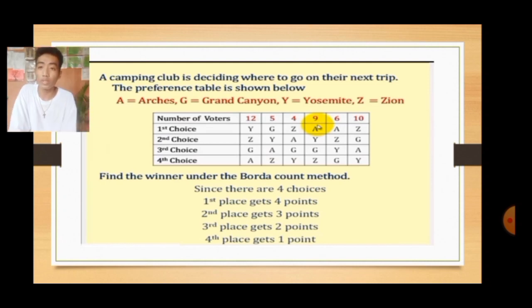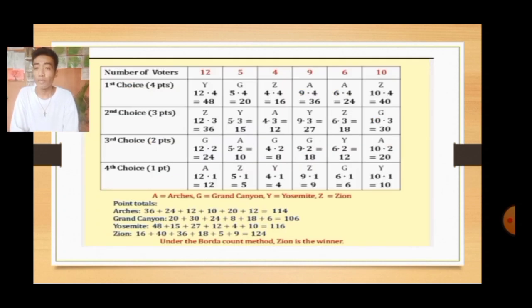Number of voters: 12, 5, 4, 9, 6, 10. Since there are four choices, first place gets 4 points, second place gets 3 points, third place gets 2 points, fourth place gets 1 point.